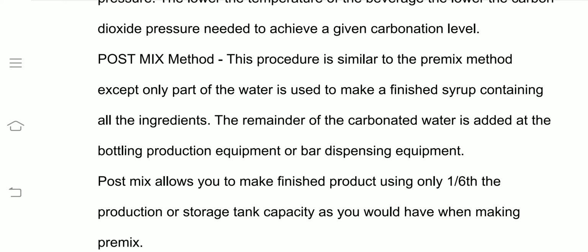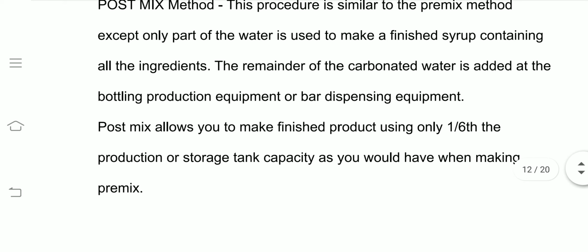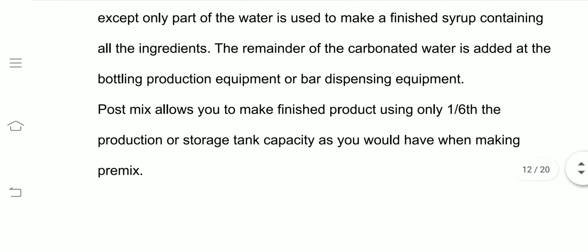One is for making syrup with other ingredients, and the second part of water is used to make carbonated water. After that the two of them are mixed. So that's why post-mix needs lower capacity of tanks and equipment in the production unit.